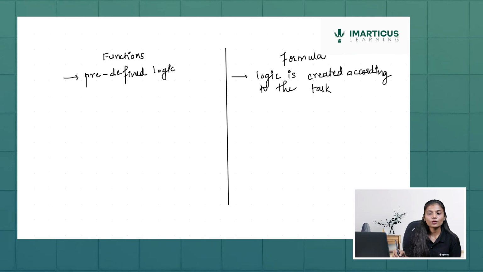The next point of difference between a function and a formula is that functions are defined by a name, and that name has a logic stored which is running in the background.